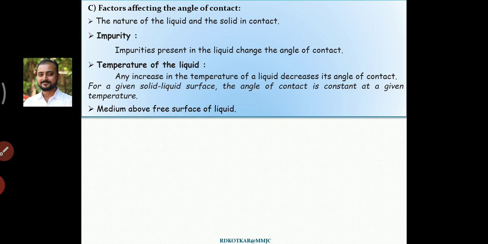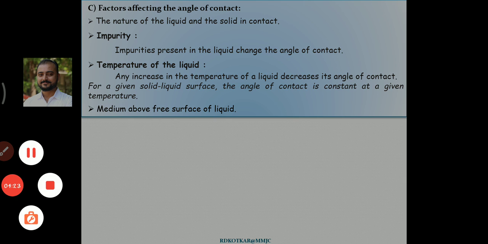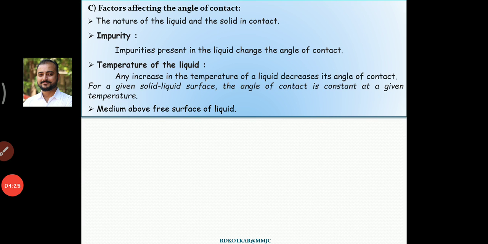Is it air? Is it any other medium, say a liquid or a gas, whatever it may be? The different types of medium present above the surface of the solid and liquid will also decide the angle of contact. So in this manner, these are the factors affecting the angle of contact.